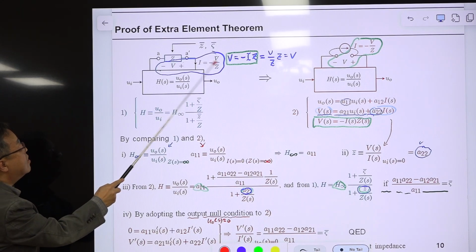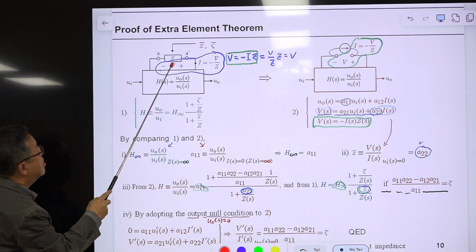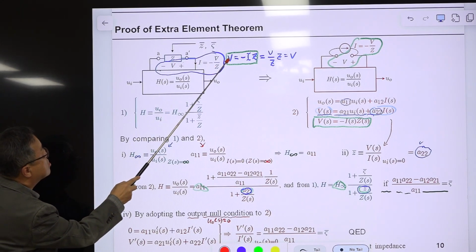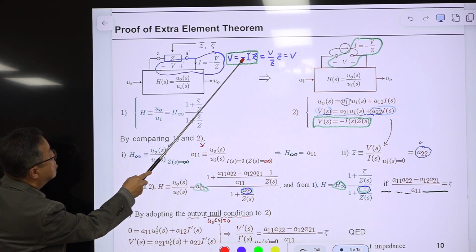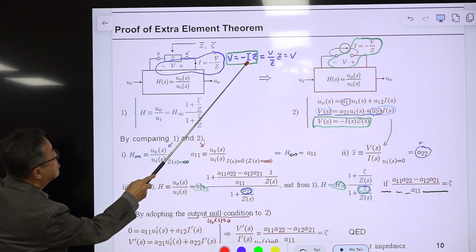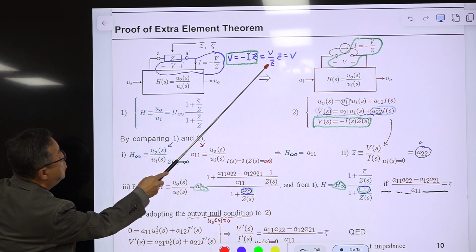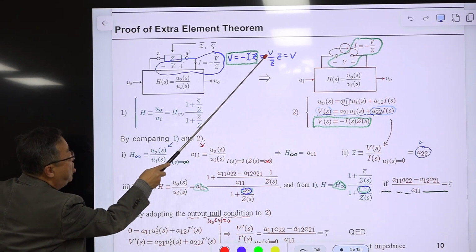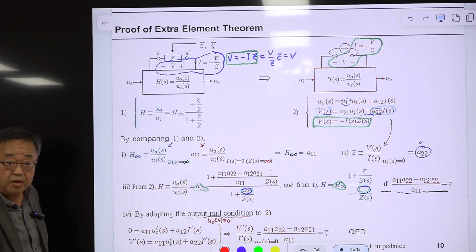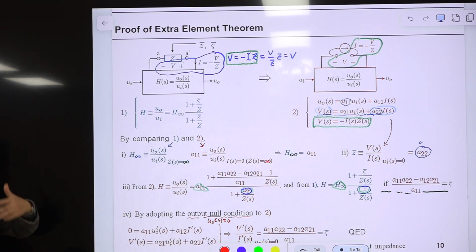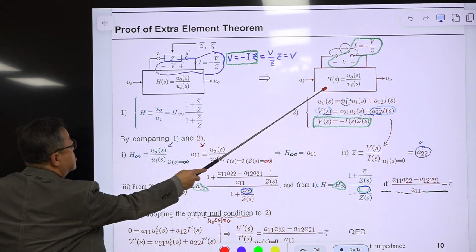Then multiply this times negative of this times negative of this. I is this one, then minus I is this one, then they cancel. V is V. This is true. This is just a notation. So this and this become the same.